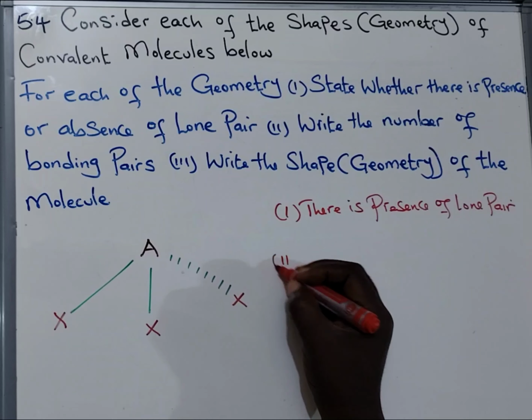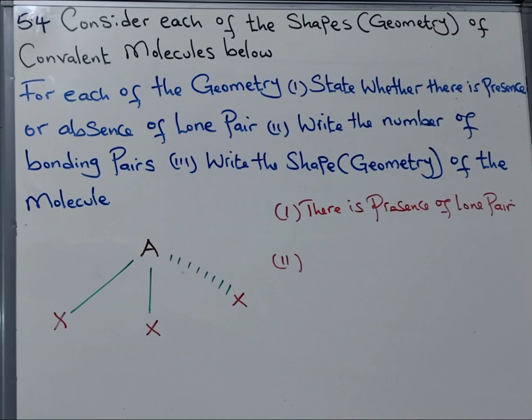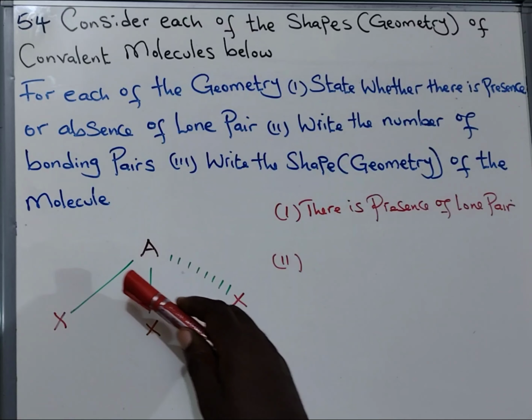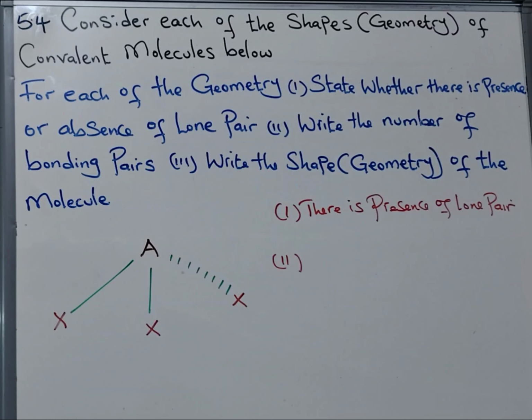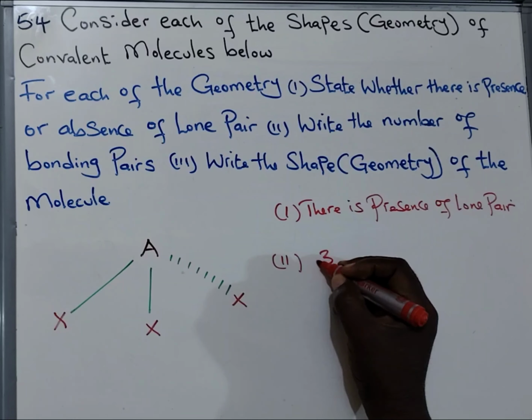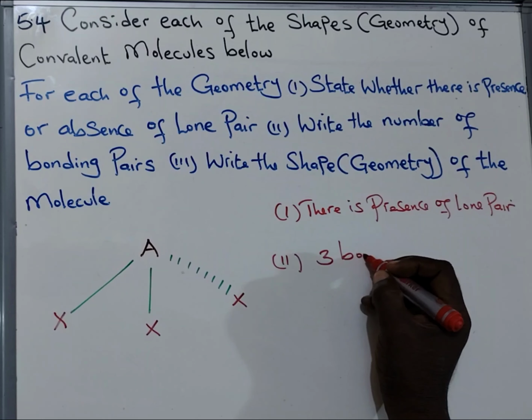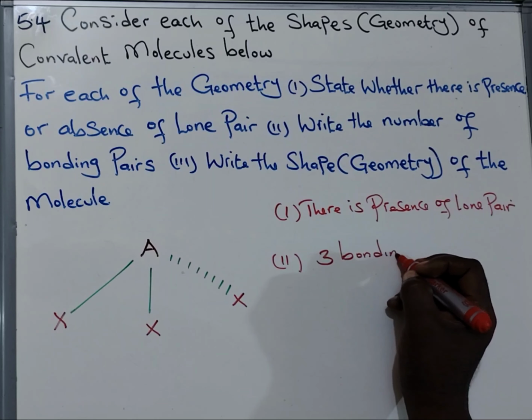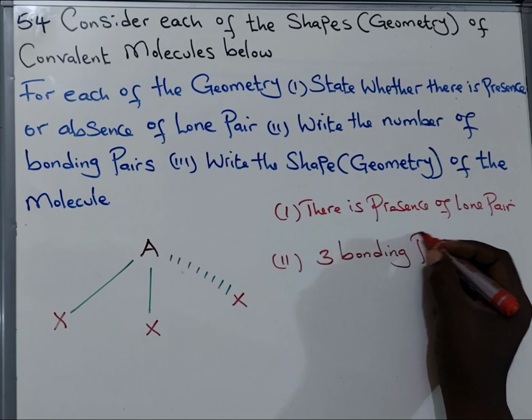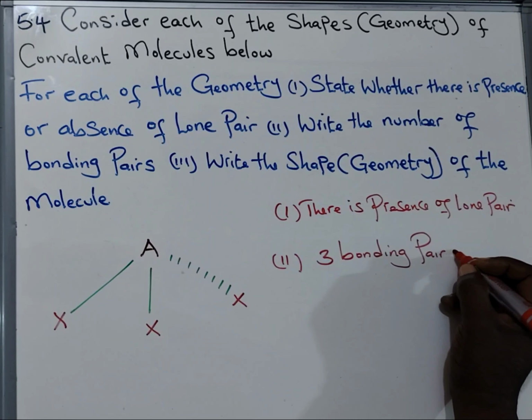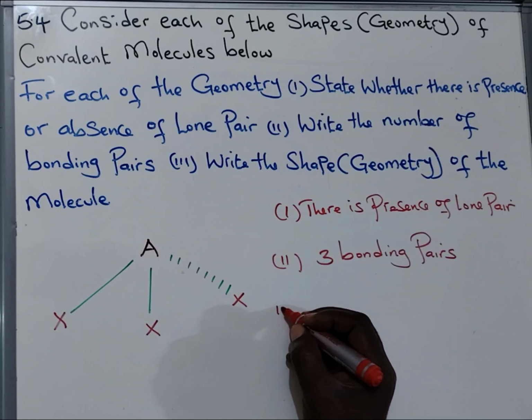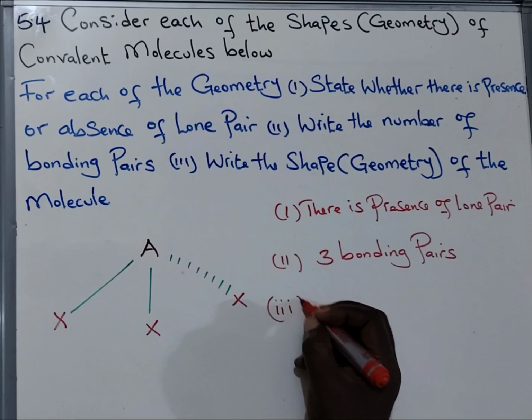Okay, then you come to the second one. Write the number of bonding pairs. So how many are they? 1, 2, 3. So the answer is 3 bonding pairs. Then we come to number 3.